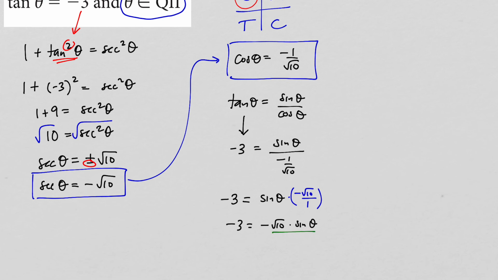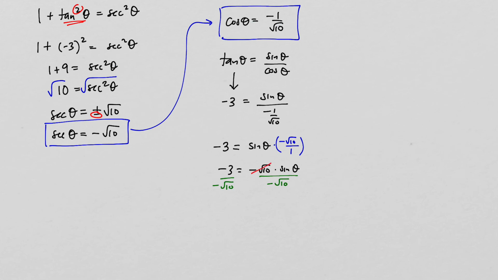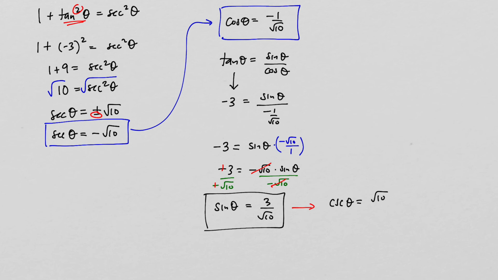And if we divide both sides by negative radical 10, this cancels out, and we end up getting sine of theta equals 3 over radical 10. And this is because these negatives right here cancel out. Well, once we have sine of theta, we can then get cosecant of theta, because that's simply the reciprocal of sine. So that will be radical 10 over 3.